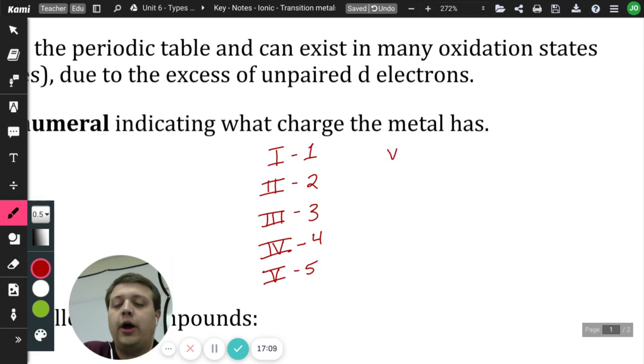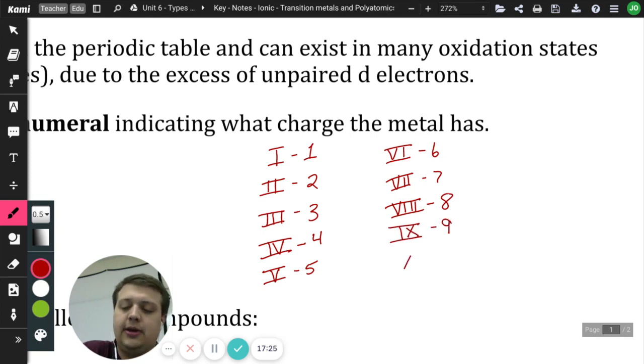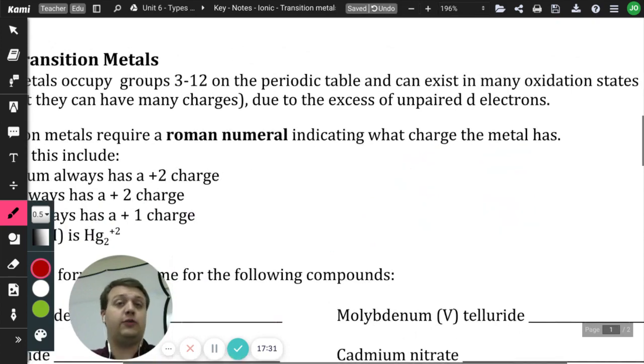And then we would go 1 after 5. That would be 6. And then 2 after 5 would be 7. And then 3 after 5 would be 8. And then we would do 1 before 10, which is going to be 9, and then X would be 10. So those would be your Roman numerals that you would use potentially for your different charges.